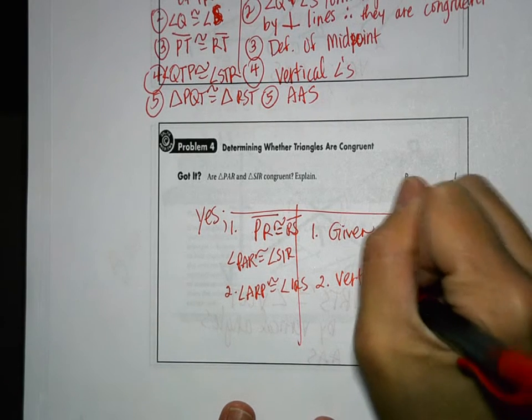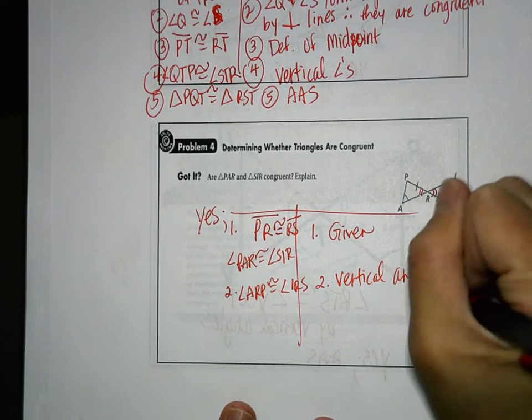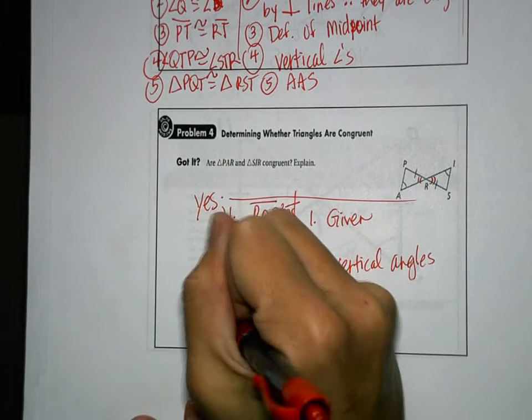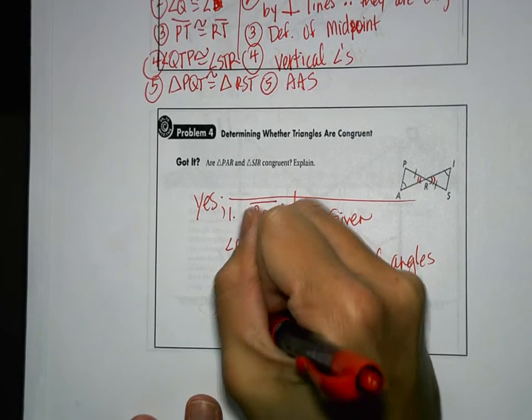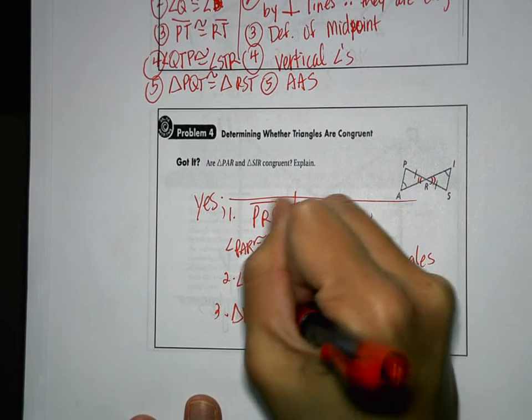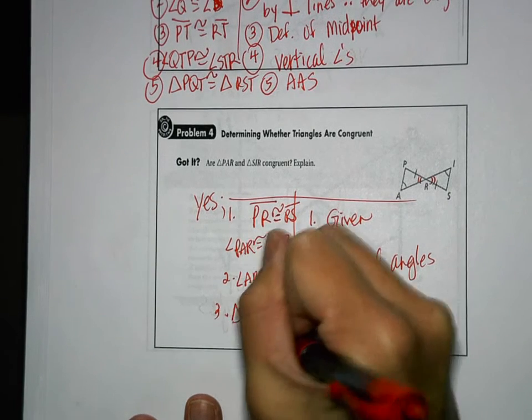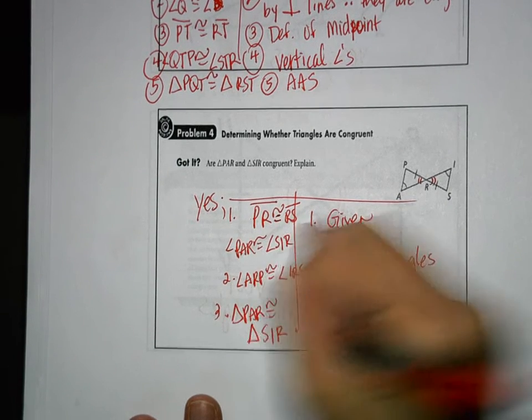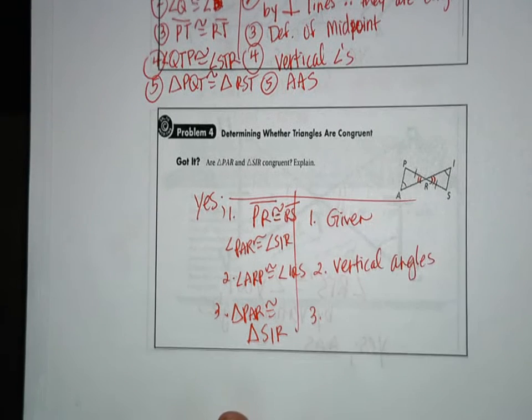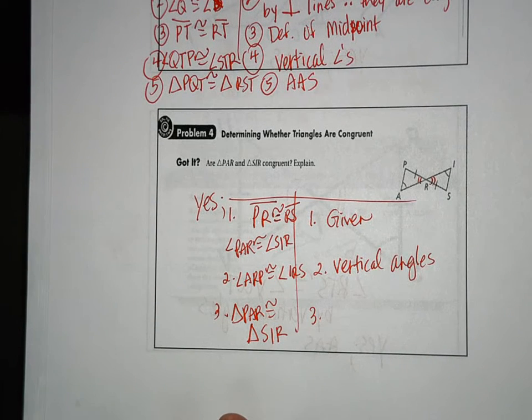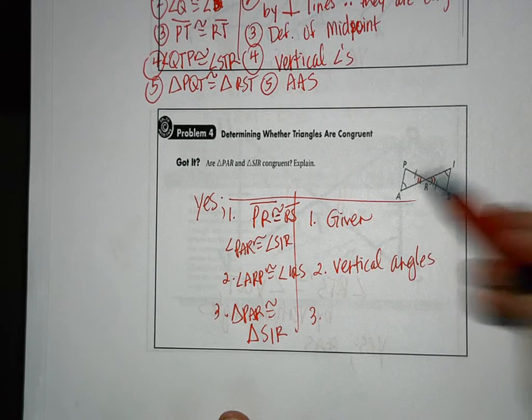Vertical angles. So now I have 2 angles and a side. So 3 would say that triangle PAR is congruent to triangle SIR. And then what method is that by? Go in order. Angle, angle, side.